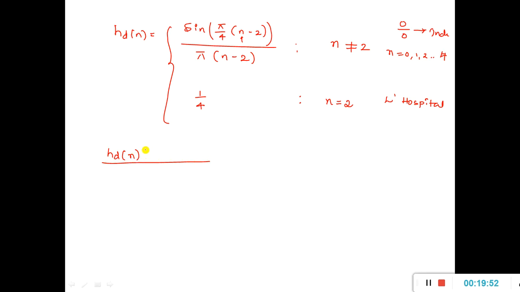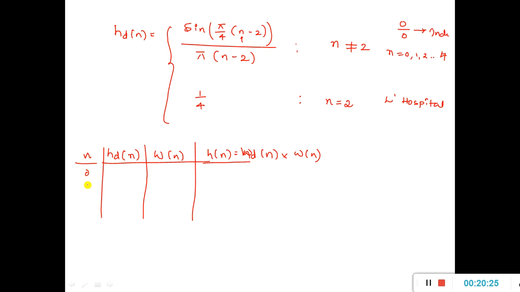So in this case, h of n will be equal to hd of n multiplied with wn. Once again I'll show you with a calculator how to perform this, so that you will get to know how to calculate hd of n also. We already calculated the wn values for n equal to 0, 1, 2, 3, 4.